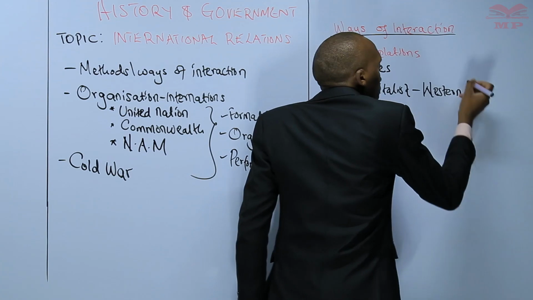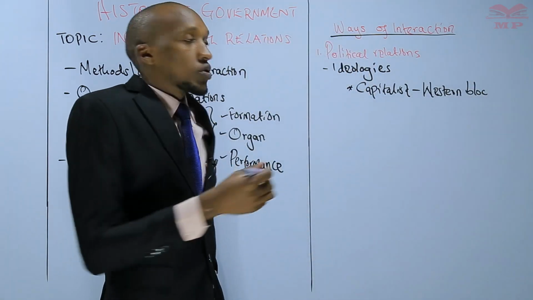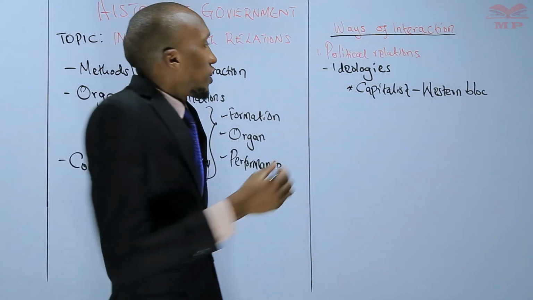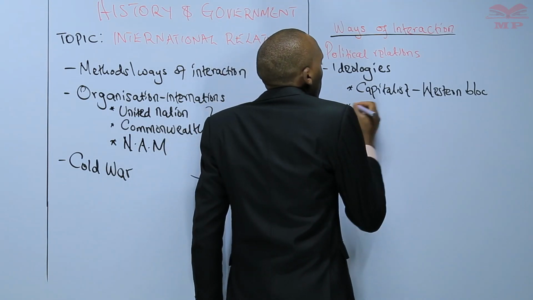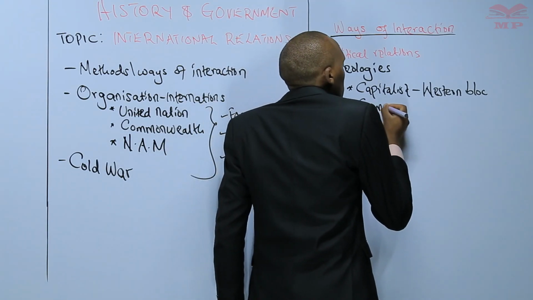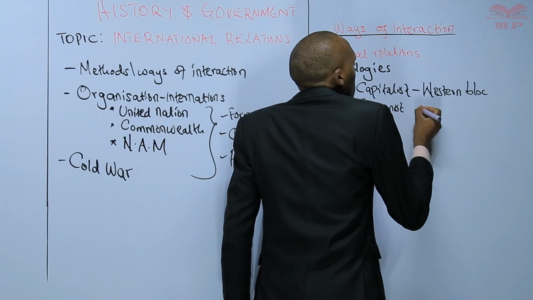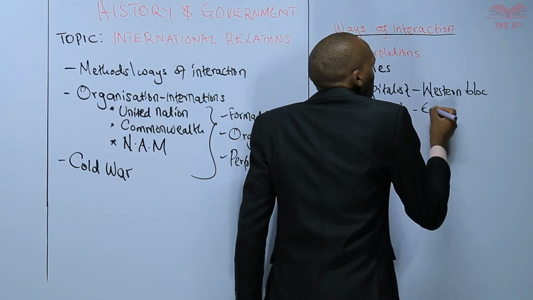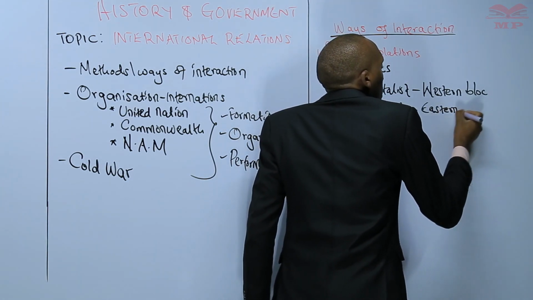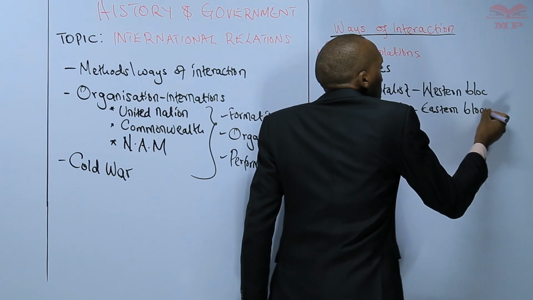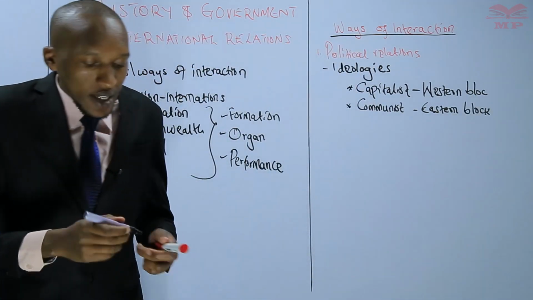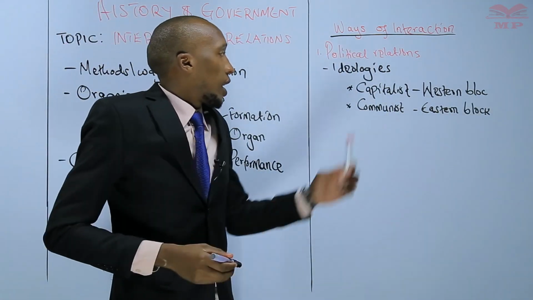I'm sure you have already learned that, which was happening during the Second World War. And then we had the communist ideology that was held by the Eastern Bloc. This was led by the USSR. I'm sure you have already discussed that.